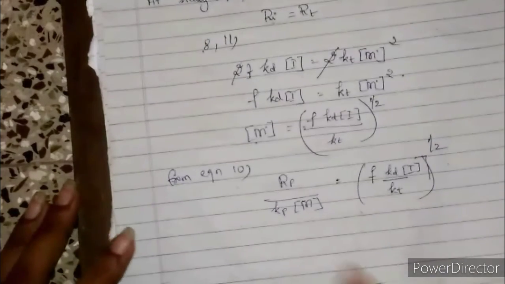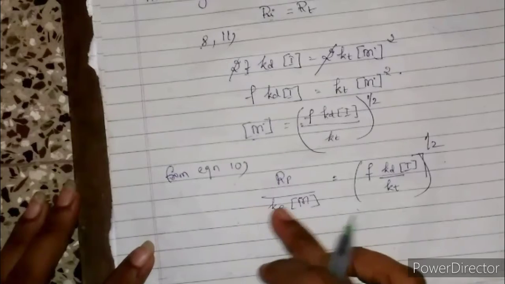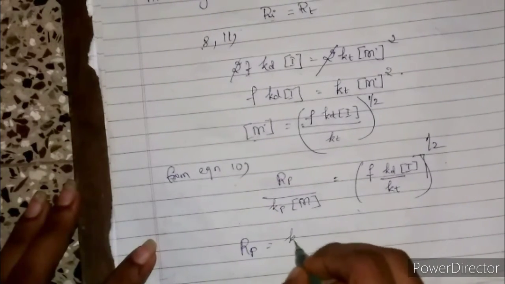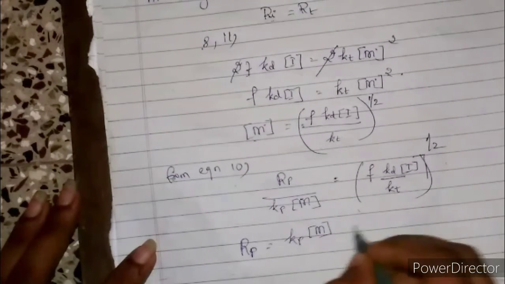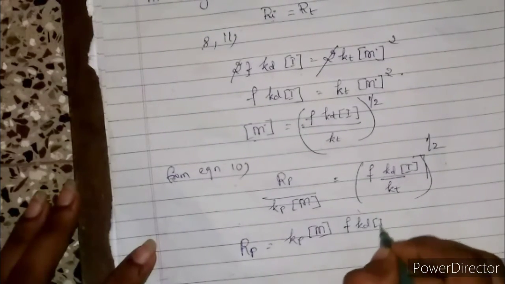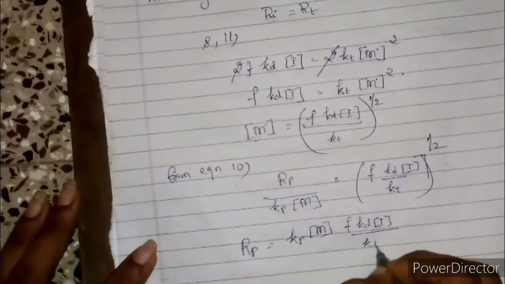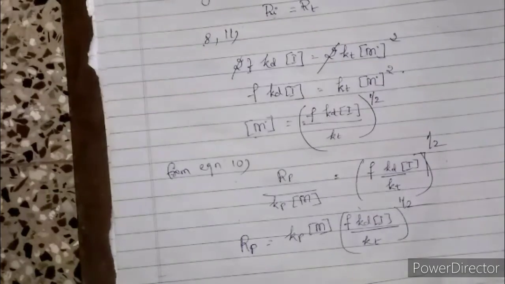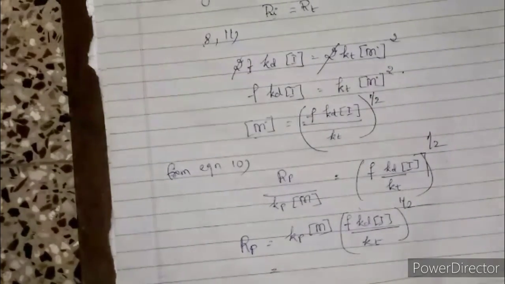Keep Rp here, and take these terms to the right-hand side. Rp is equal to Kp into concentration of M into F Kd concentration of I by Kt to the power 1 by 2. This is the final equation itself.